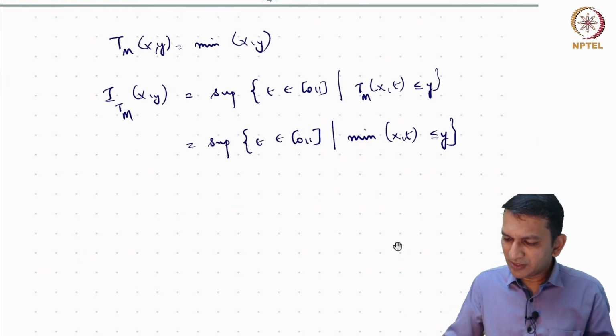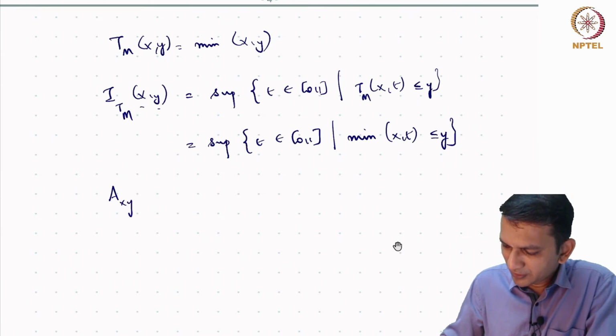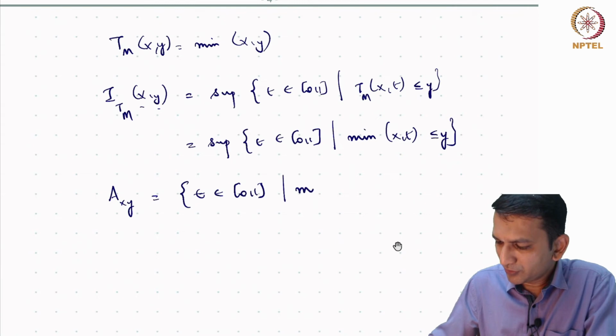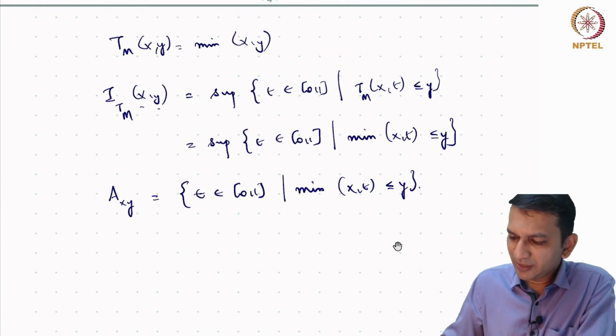So to help us in this, for a fixed x comma y, let's call this set A of x y, the set of all those t element of 0, 1 such that min of x comma t is less than or equal to y. And essentially I_TM of x y will be the supremum of this set.